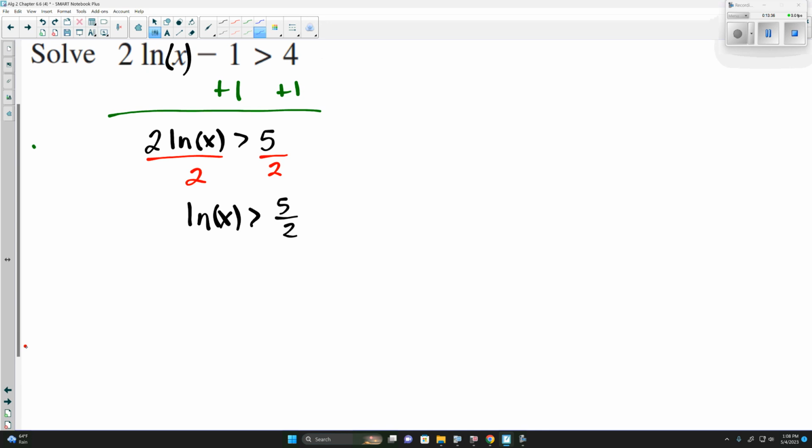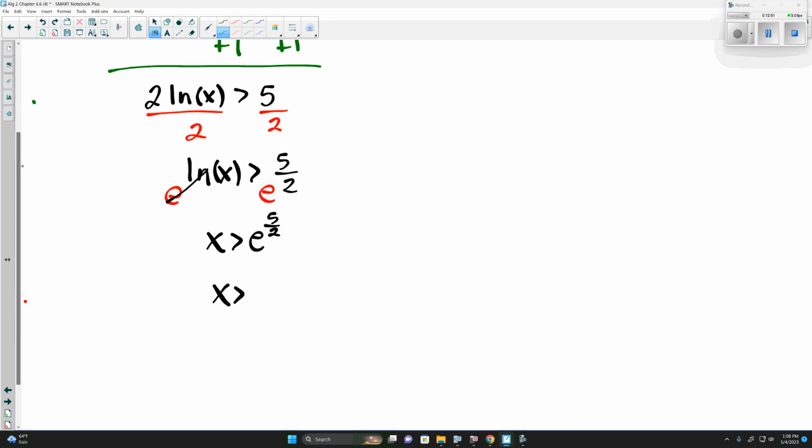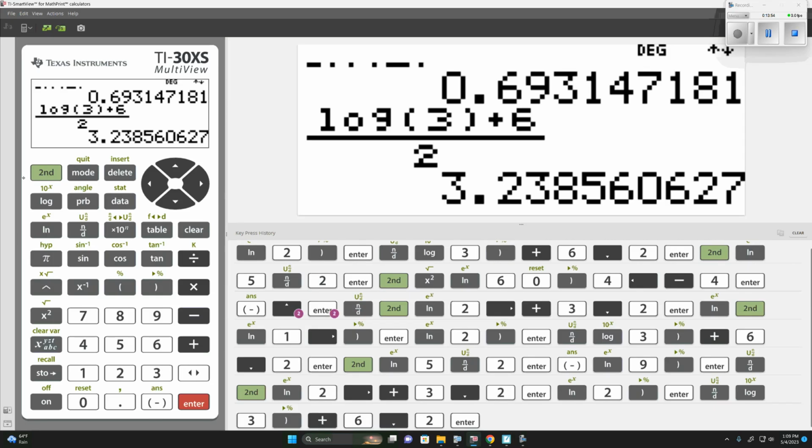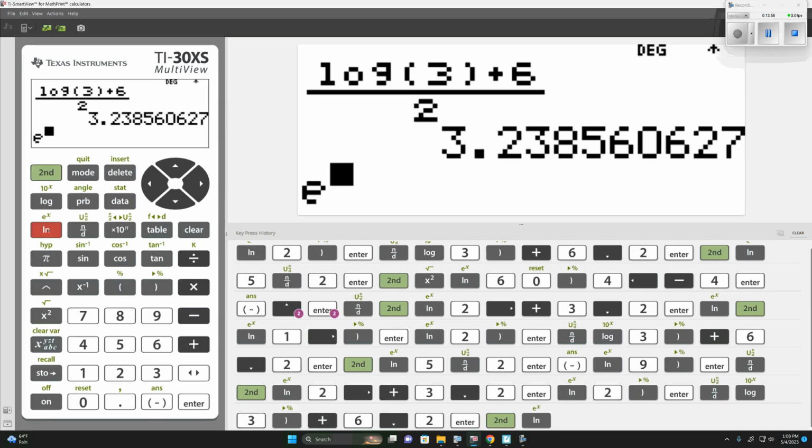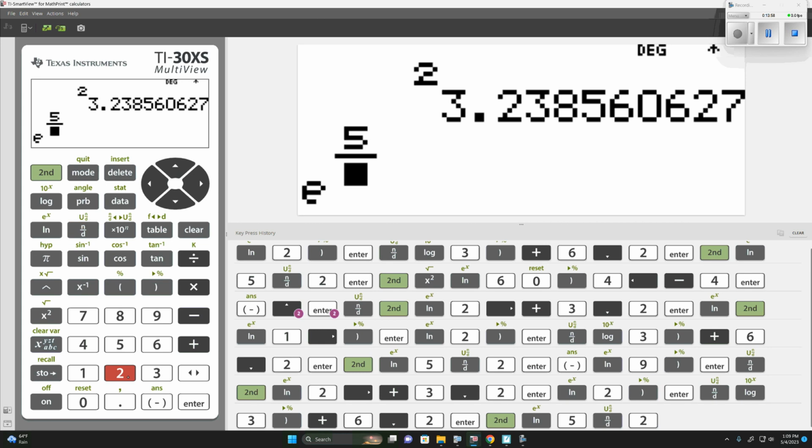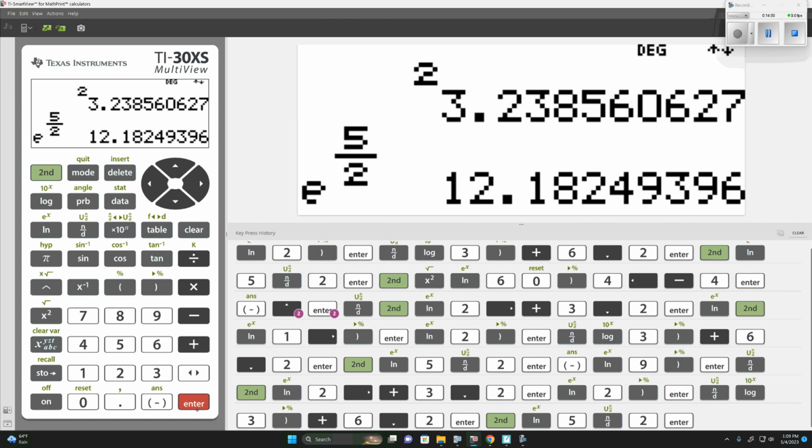We would put it to the base of e, because e and ln cancel. x is greater than e to the 5 halves, which is about 12.182.